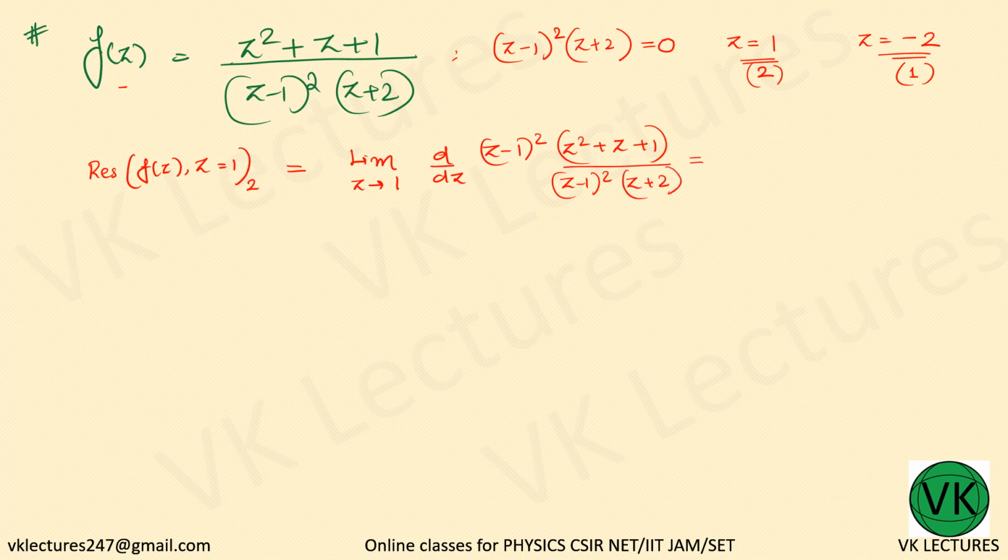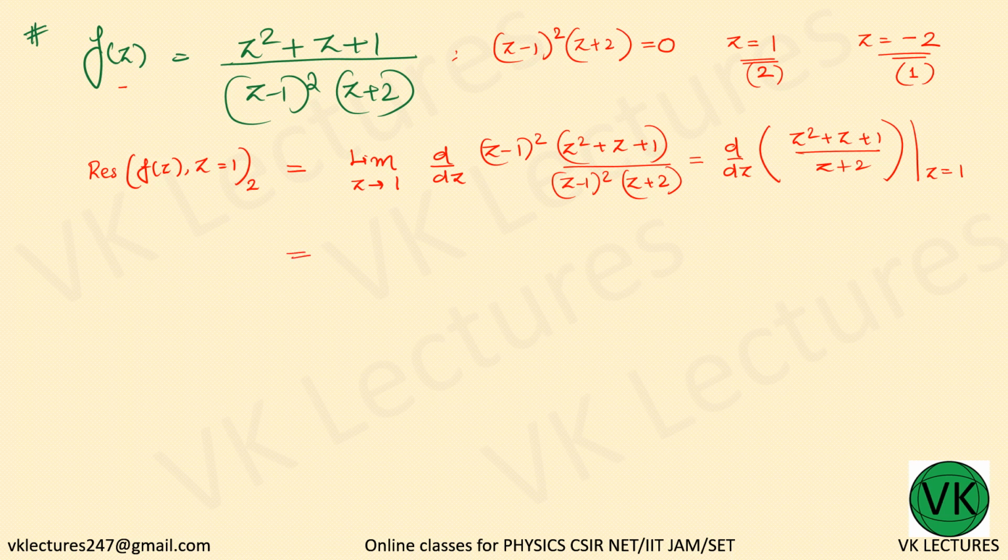So that's d by dz of, (z minus 1) squared gets cancelled, (z squared plus z plus 1) divided by (z plus 2), at z equal to 1.